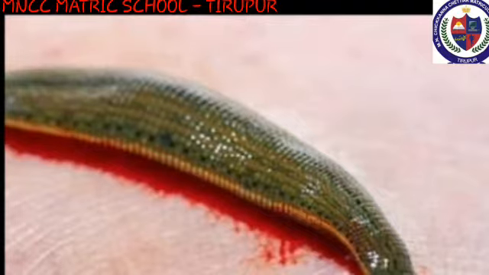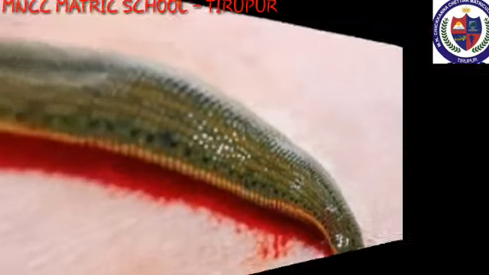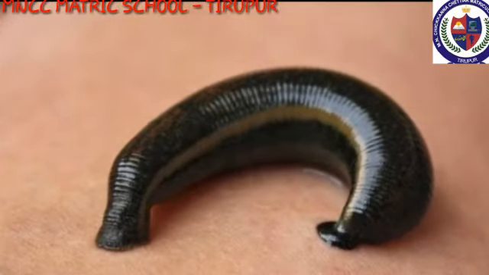It may take more than a year for the complete digestion and absorption of a full meal. Crop is divided into 10 chambers from 9th to 18th segments.